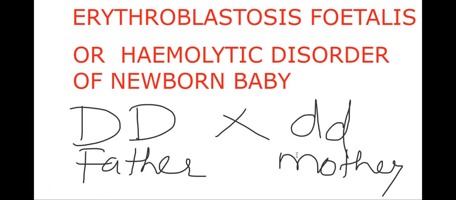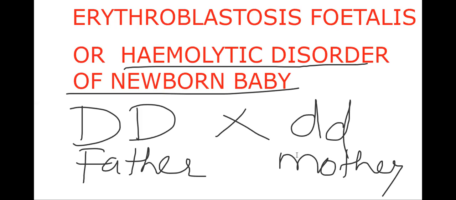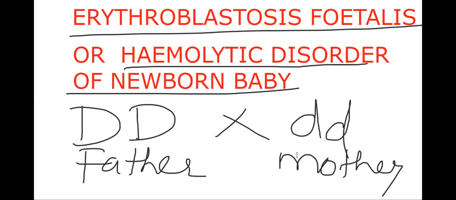From the second child onwards there is a possibility of a disease which leads to death also. What do you call the disease? Erythroblastosis fetalis or hemolytic disorder of newborn baby. So this is the story.